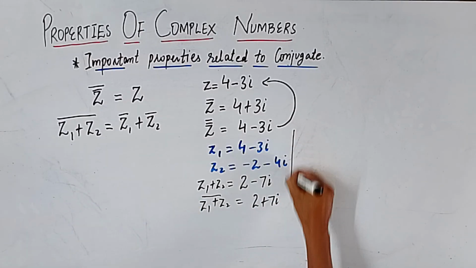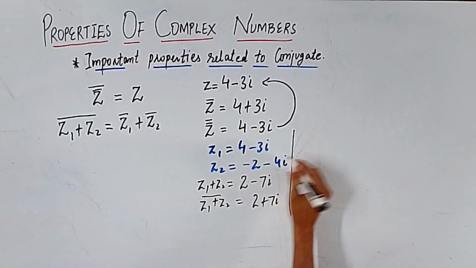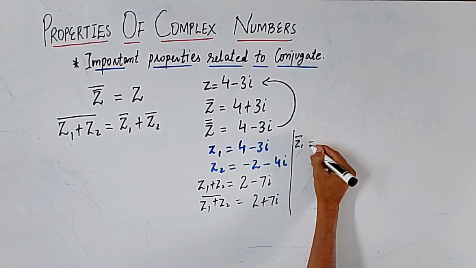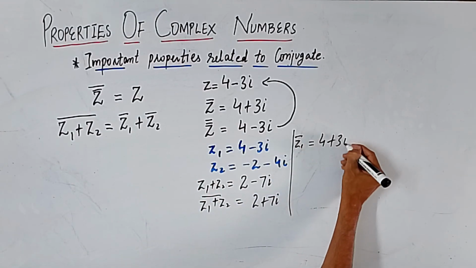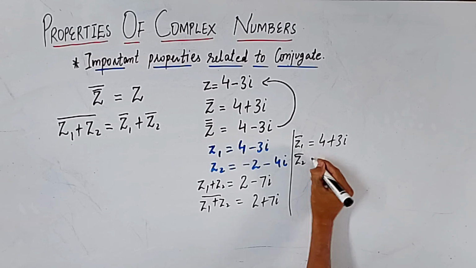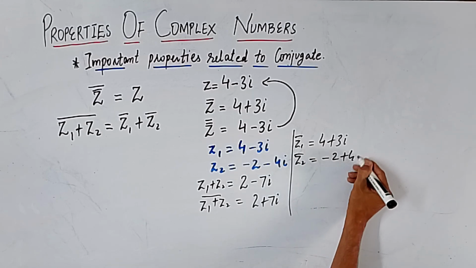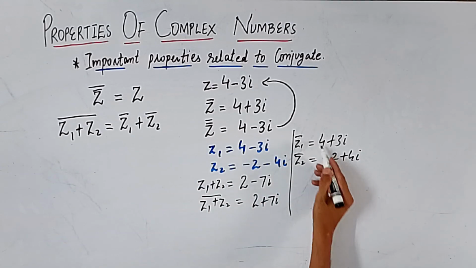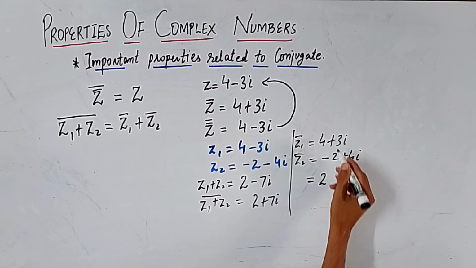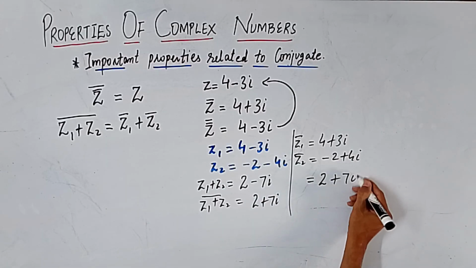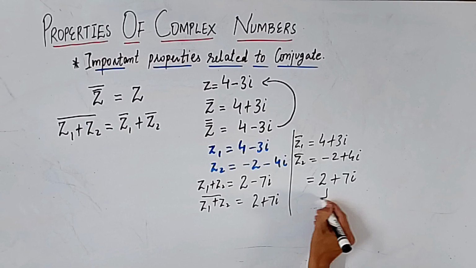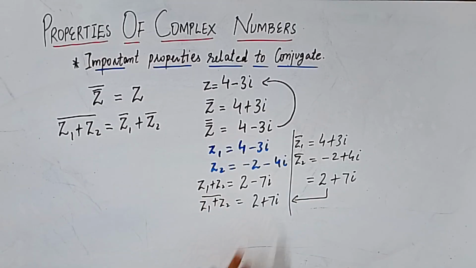Now if I take the conjugate of z1, it will be 4 plus 3 iota, and the conjugate of z2 will be minus 2 plus 4 iota. Now again do the sum: 4 minus 2 comes 2, and 3 plus 4 comes 7 iota. So you can see it is proved; it comes equal to this. This is what this property tells us.